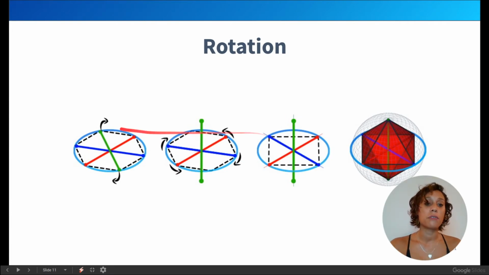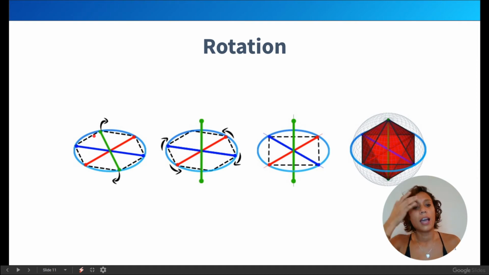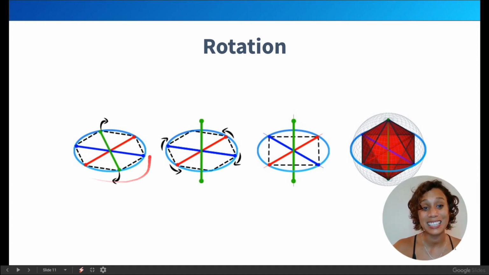Right, so if you think about the seed of life, and we're just going to blend out the circles here, and just concentrate on the 3 lines, and this is on the flat plane. You can see it's actually inside of a circle. We can rotate 1 axis up and down, like a north and a south pole.